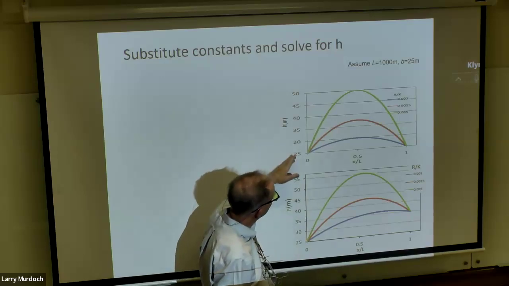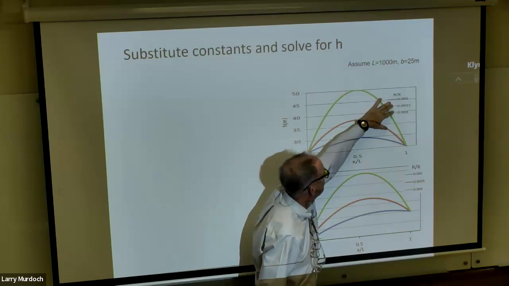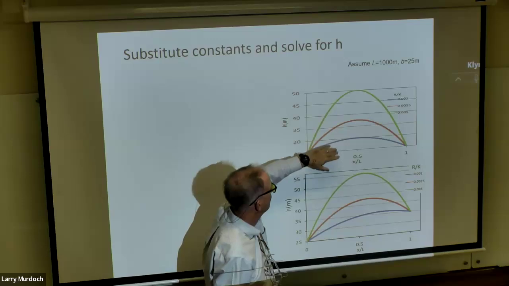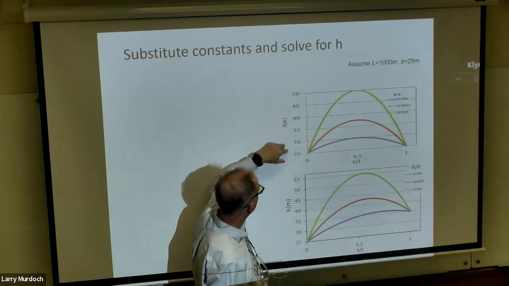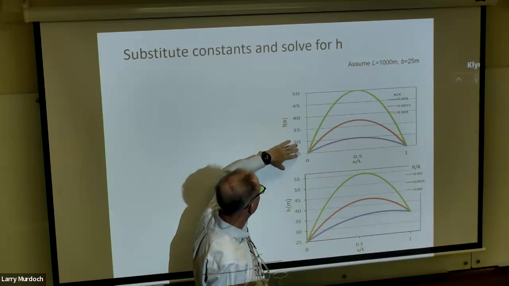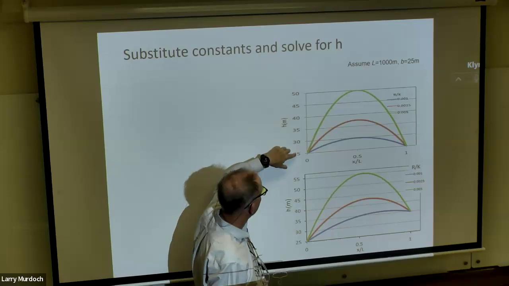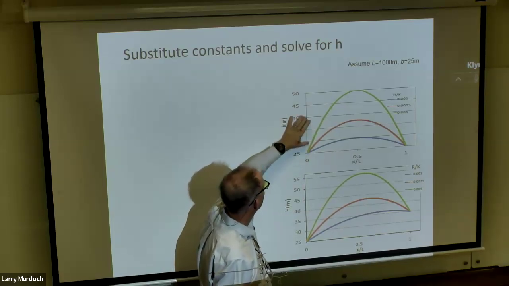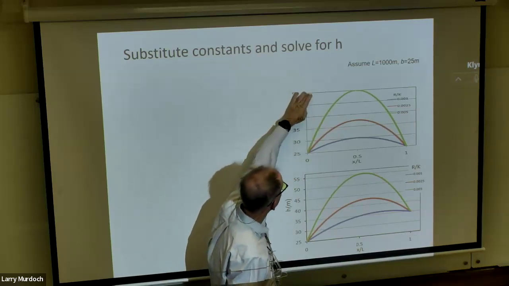So that allows you to plot this up with these different values of R over K, ranged by a factor of 5. And that then gives you a scale here. This is H, 25 meters. And there's 10 meters and 20 meters or 25 meters max.